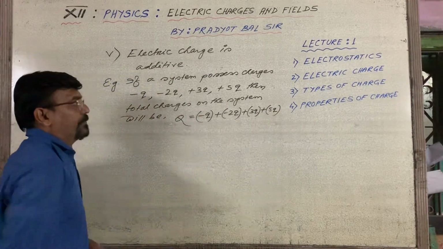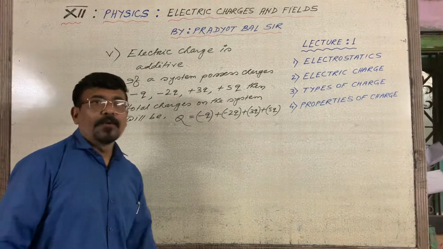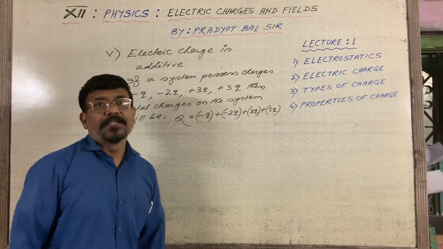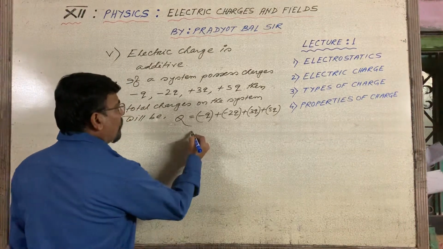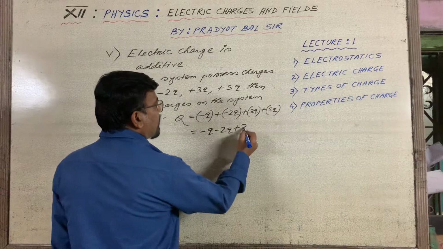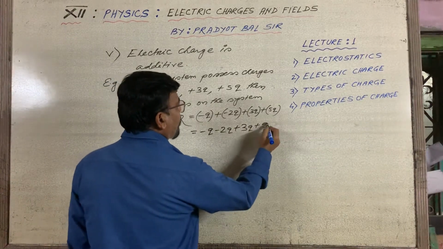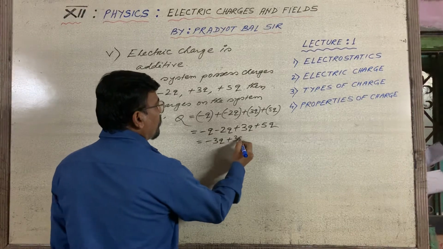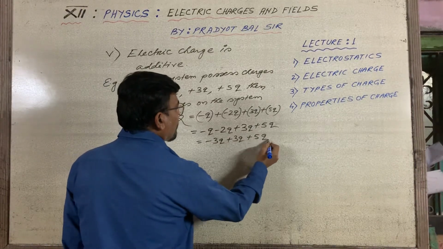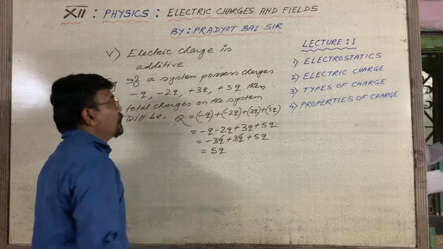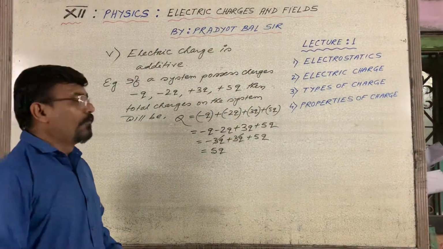That is additive, we can add algebraically, and that is why electric charge is additive in nature. So minus q plus minus 2q plus 3q plus 5q: we get minus 3q plus 3q plus 5q, the 3q cancel out, and we get 5q. So the total charge on the system is 5q.